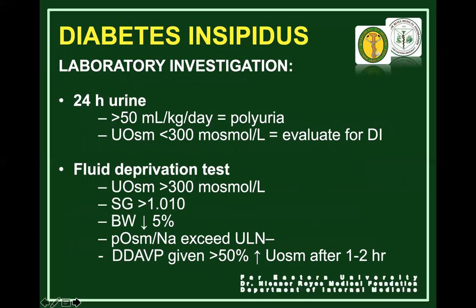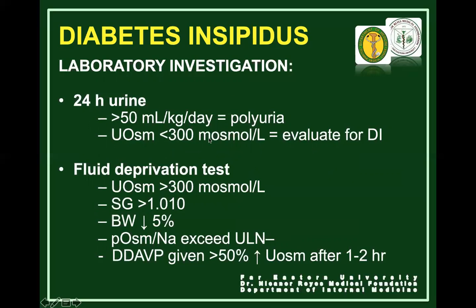Now, how do you investigate somebody who has diabetes insipidus? First, you have to document that they are really polyuric. So don't just take their word that they go to the bathroom a lot of times. You really have to measure their urine output. And usually, you say it is polyuria if it is more than 50 ml per kilogram per day.